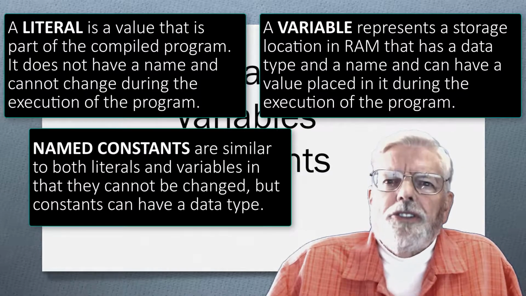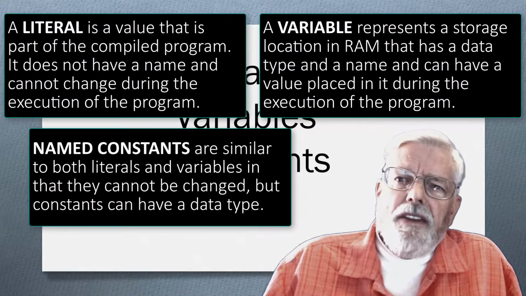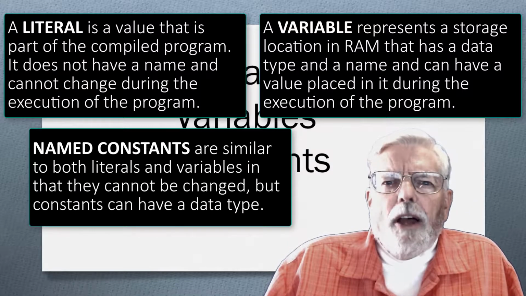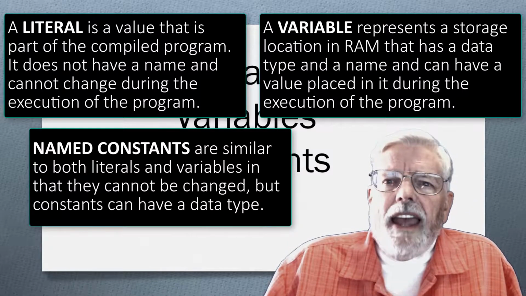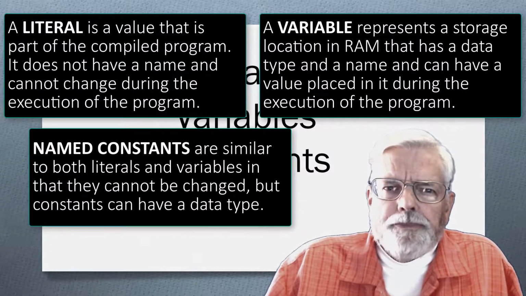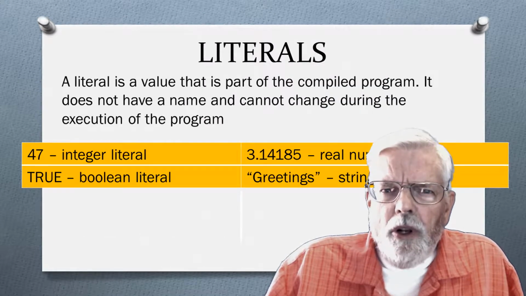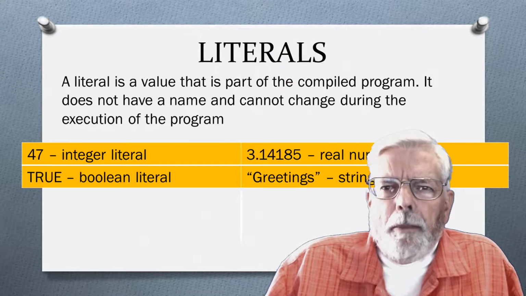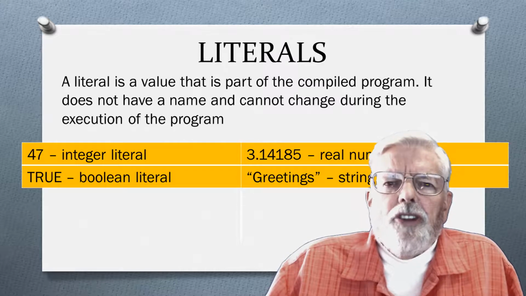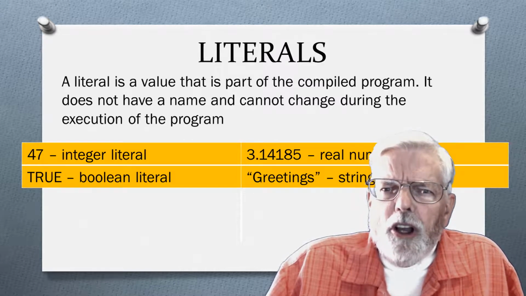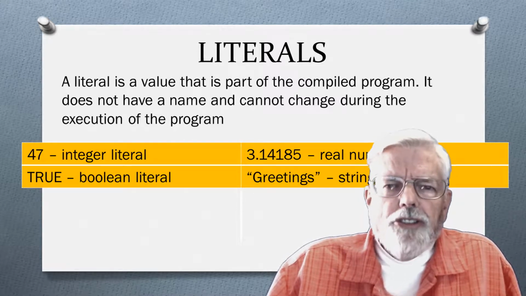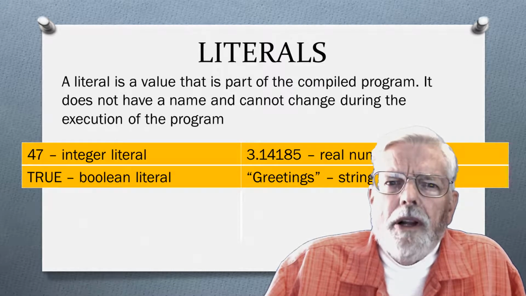Named constants are similar to both literals and variables in that they cannot be changed, but constants can have a data type. A literal is a value that is part of the compiled program. It does not have a name like variables or constants, and literals cannot change during the execution of the program.